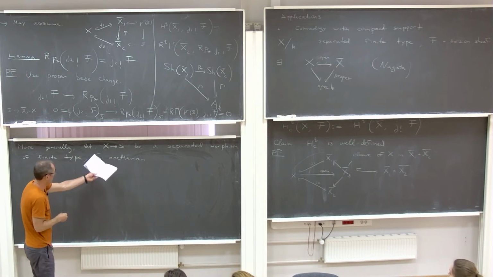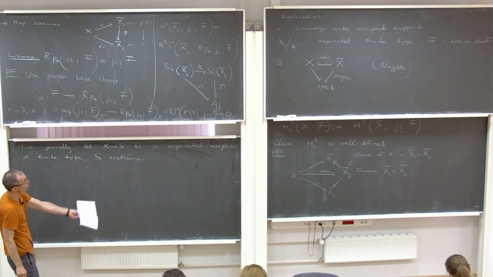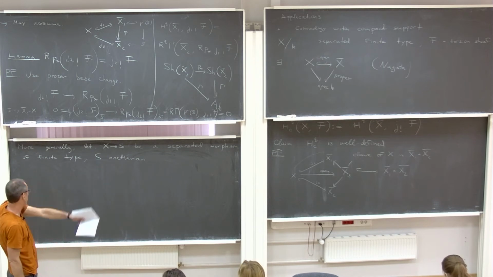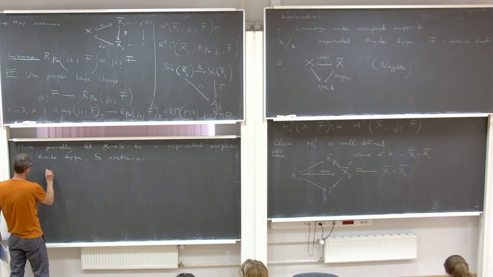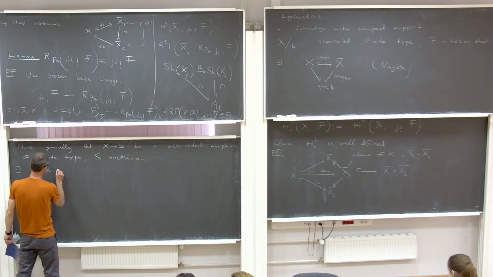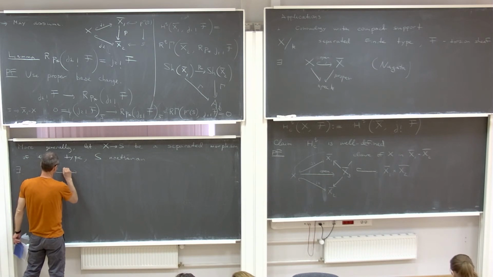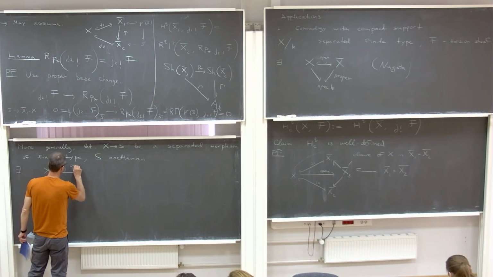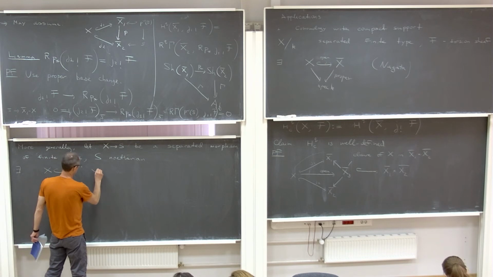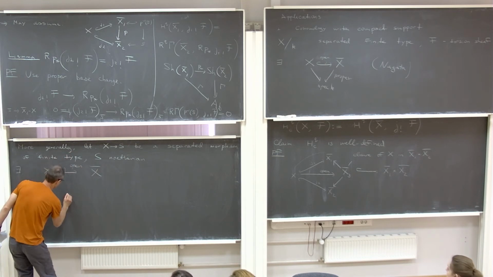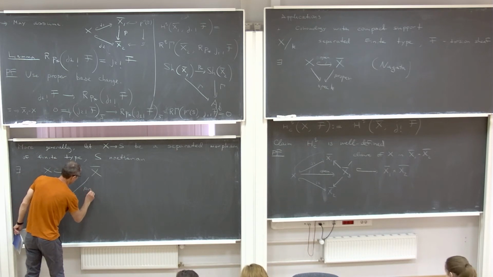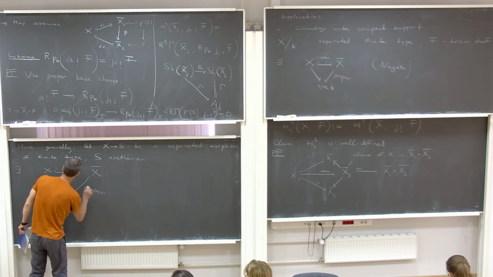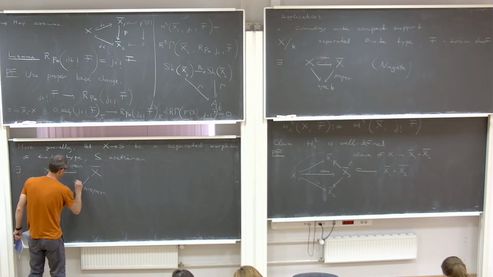Then there is a generalization of Nagata theorem, also proven by Nagata and reproven by Deligne. Then there exists a relative compactification of X. So you can construct j, which is an open immersion X into X bar, such that this map is proper. So let's call this f, and this will be f bar.